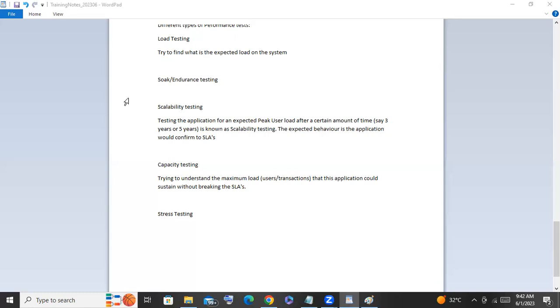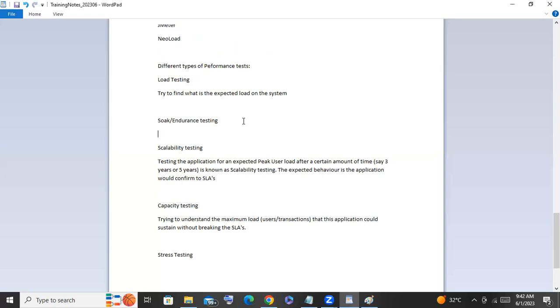Yes, that's right. I would not call that a load test exactly. I would call that another performance test with the maximum capacity, because a load test is clearly defined, right? We are testing the application for expected user load, of the present capacity, not the complete capacity of the application. Clear, guys? Yes, sir. So this is the capacity testing.